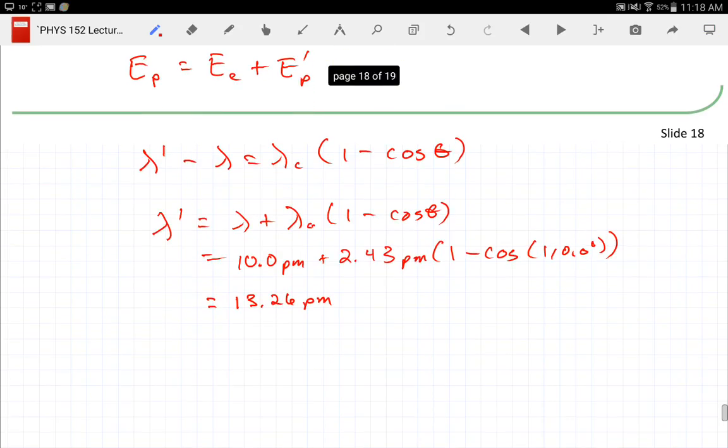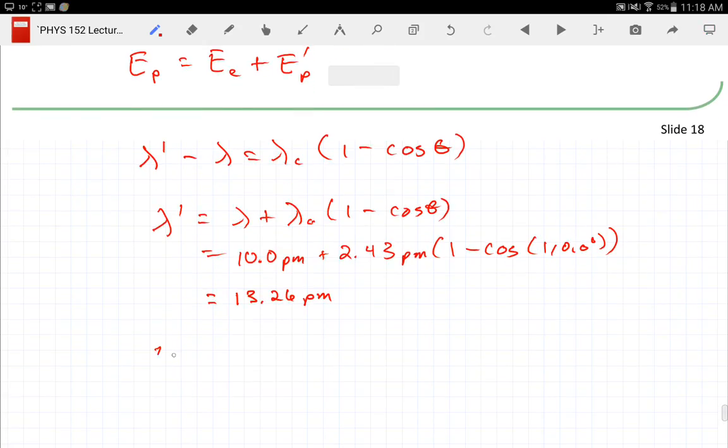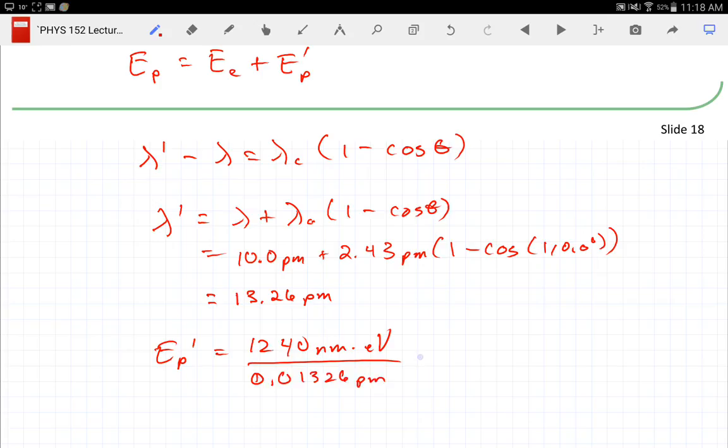So we have the new wavelength is 13.26 picometers, which means the final photon energy is equal to 1240 nanometers times electron volts divided by 0.01326 nanometers. That's 93,514 electron volts, so 93.5 kiloelectron volts.